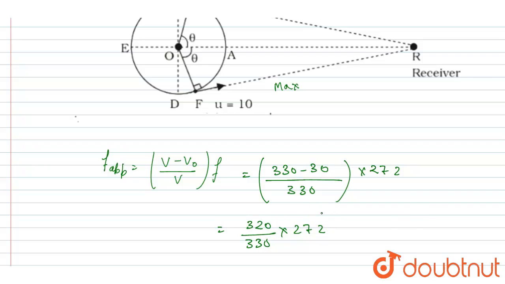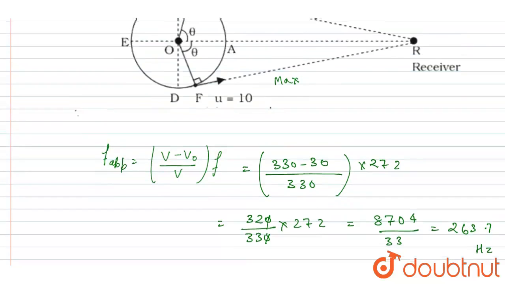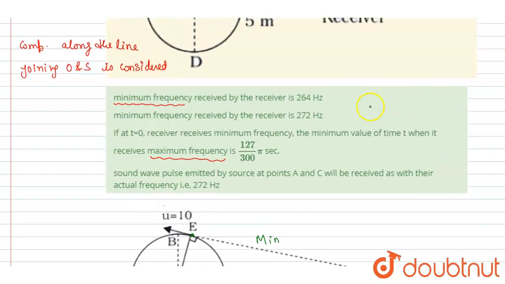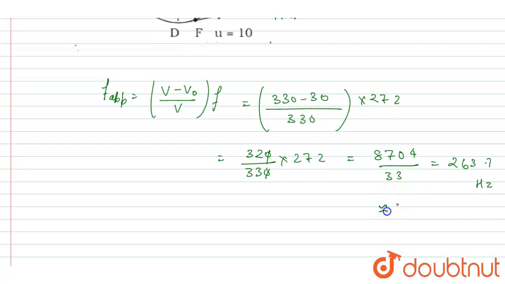If you solve this, the 272 into this will get cancelled out, and I will write 272 into 32 divided by 33. Now if you see the options here, 264. So yes, this option is the correct one. We already got this. It is nearly equal to 264.